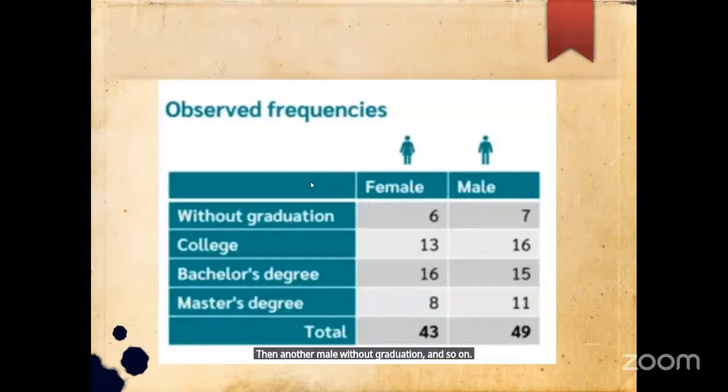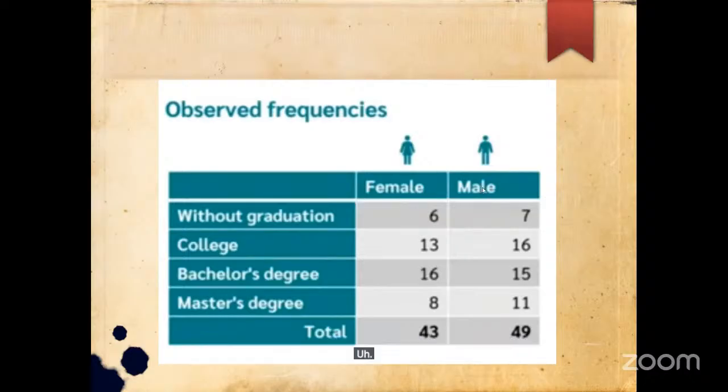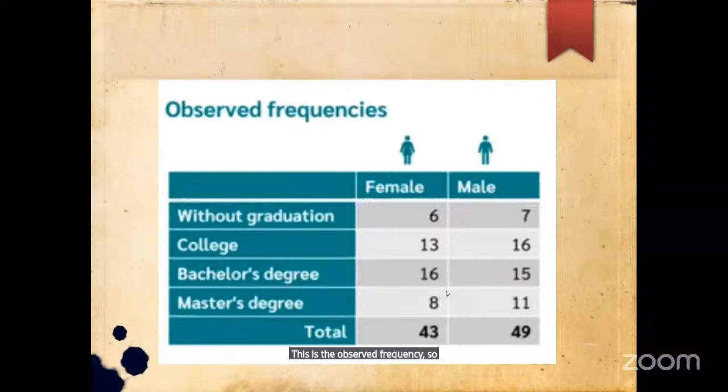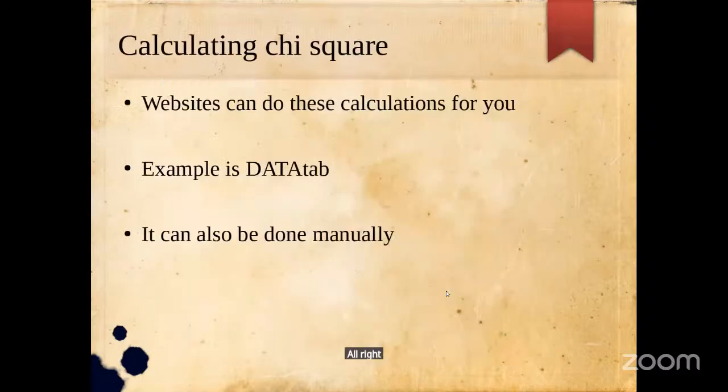Then we collect all of them together and form this table, with females and males, the two categories being gender and level of graduation. So we have 6 females who are without graduation, and so on, with their total numbers. This is the observed frequency, the frequency that we collected when we collected the data. Once we have this table, we can use it to calculate the chi-square.